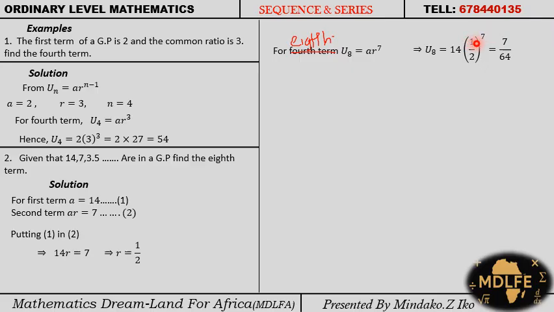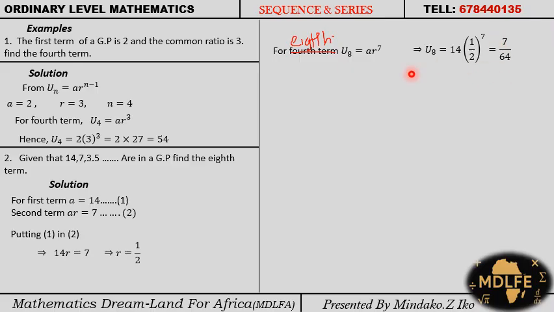Let me take my calculator. 1 to the power 7 is actually 1, and 2 to the power 7 is 128. Then you take 1 divided by 128 times 14. So I have 7 over 64. So that is the answer.